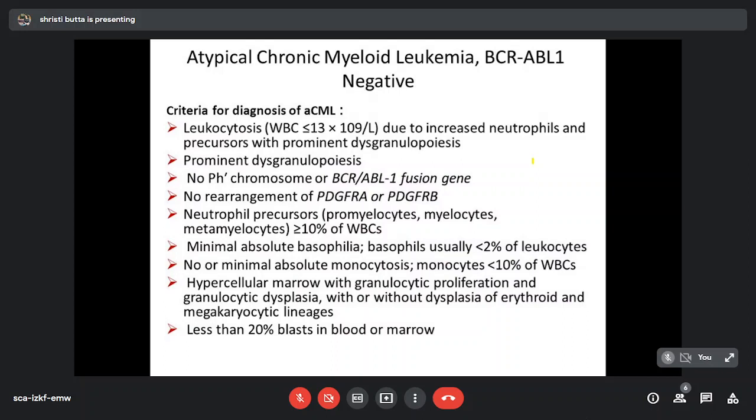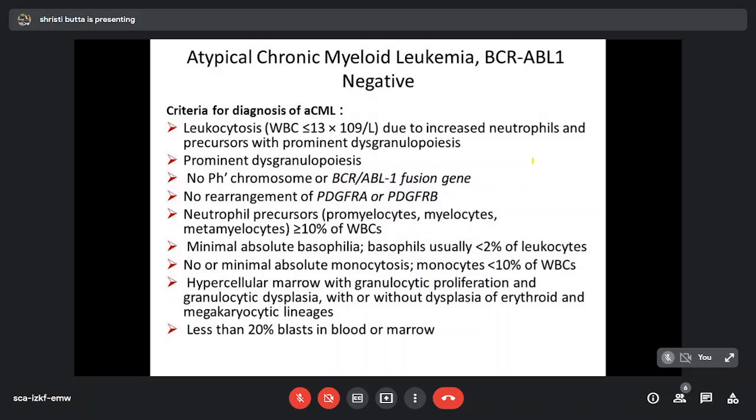There is no Philadelphia chromosome, no rearrangement of PDGFRA or B. Neutrophilic precursors are more than or equal to 20% of the WBCs. There is a minimal absolute basophilia, which is approximately less than 2% of the leukocytes. No or minimal monocytosis, that is a monocyte count less than 10%.